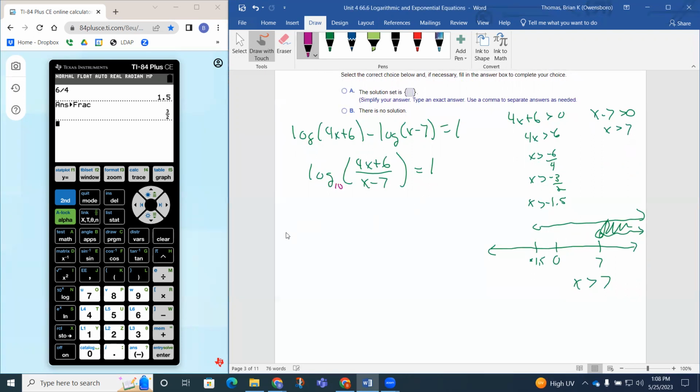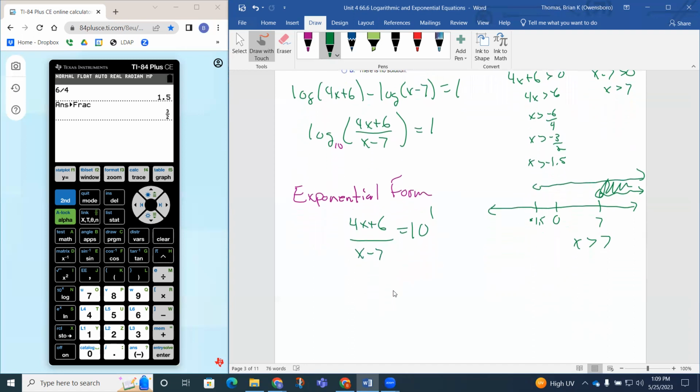Now, remember, since this is a common log, this base is understood to be a 10. And since this is just a single logarithm, we can use exponential form to do this. So the 10 to the 1 comes together, and that leaves me then the 4x plus 6 over x minus 7.